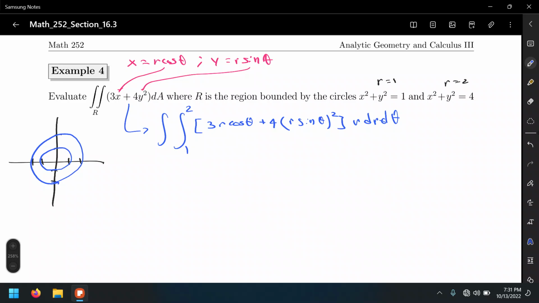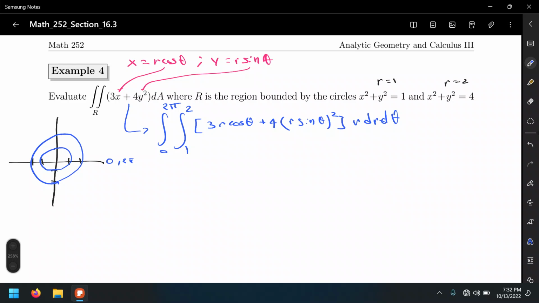However, since they're not bounding the region to only the upper half or the lower half in the problem, we're assuming that we are evaluating this integral over the entire region. And this entire region goes from 0, around the circle, to 2 pi. If the wording were that we're only integrating over the lower part of these circles, it would have been between pi and 2 pi. All right.